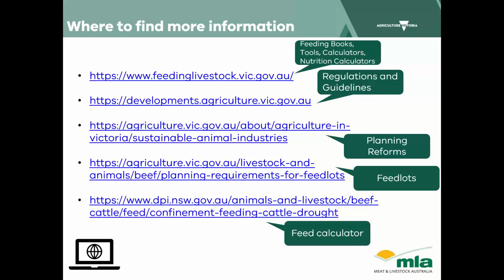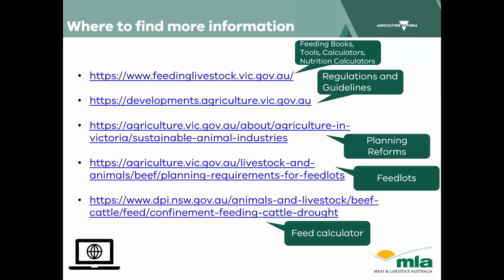As far as I know, there's not a defined number for a stock containment area. Obviously, if you start getting into large numbers, managing the effluent will become a bit more of a priority and an issue, at which point you may trigger an EPA or another works planning permit.